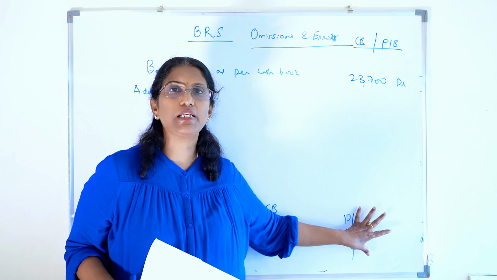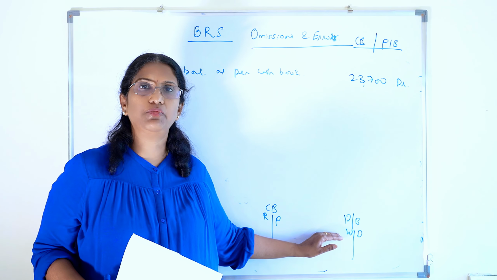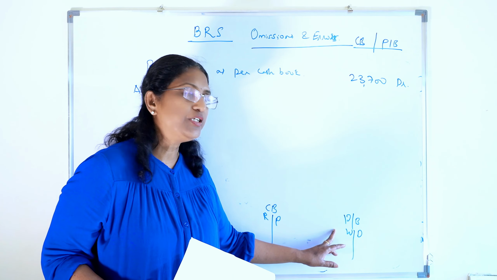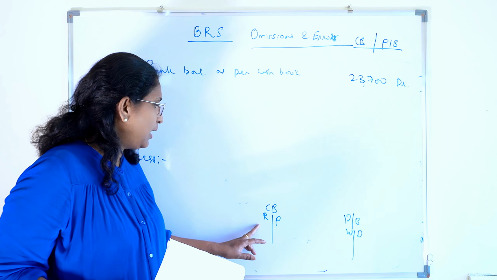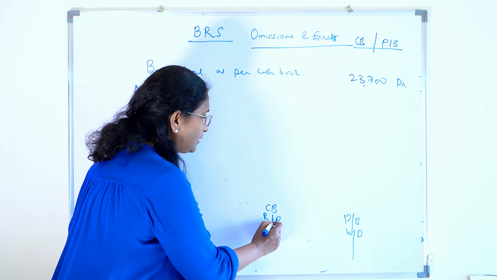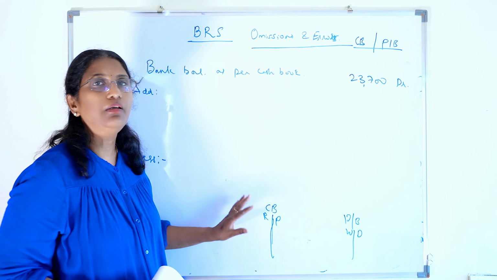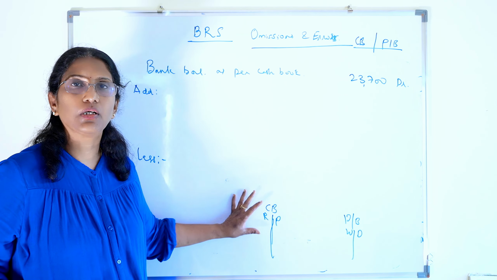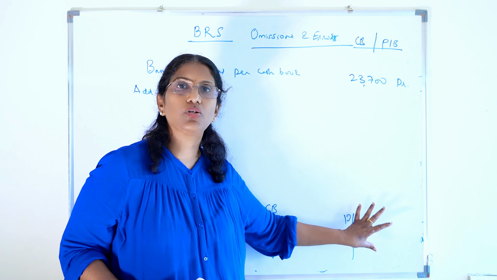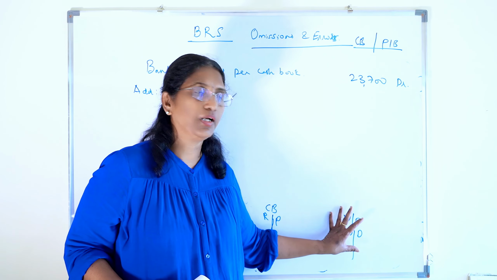I know which side the withdrawal comes on, because deposit always has a credit balance and withdrawal has a debit balance, and in the cash book, receipt and payment are debit and credit. This is how the bank records and this is how we record in our book. That is how the books are maintained.